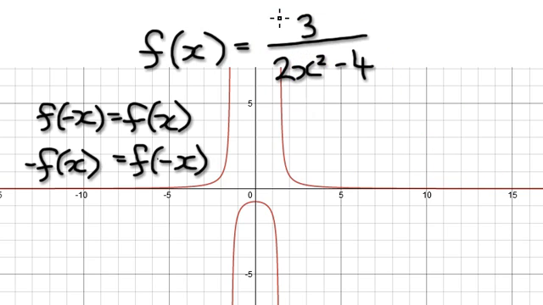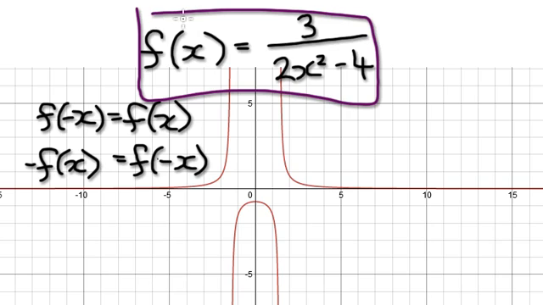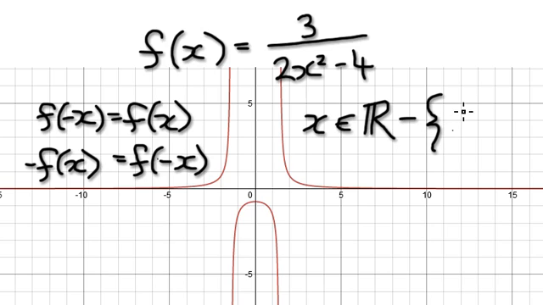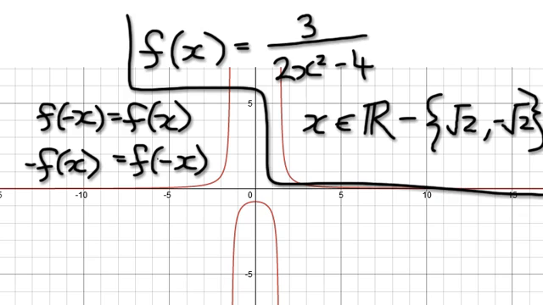So to state this function correctly, I should say that x can be any real number, but x cannot be root 2 and it cannot be minus root 2. This is the correct way of writing the whole function.